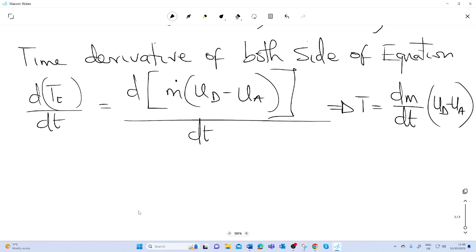Now the next thing is to derive the mass flow rate equation.